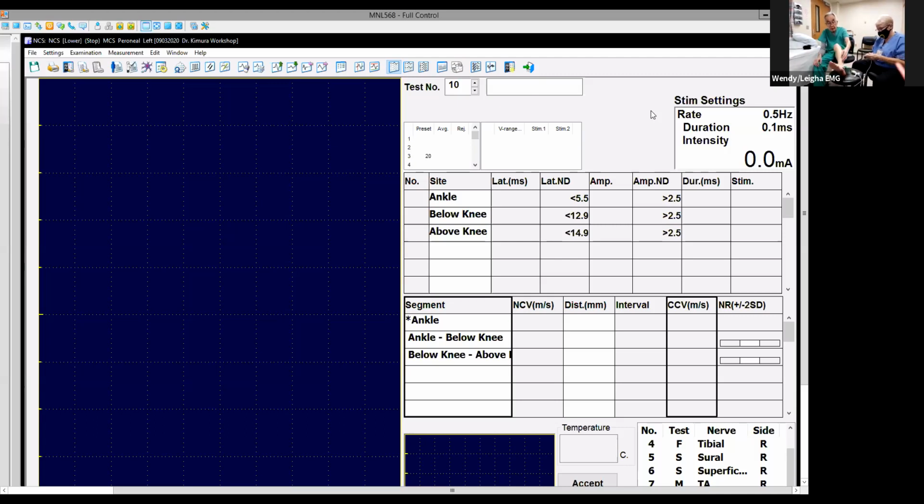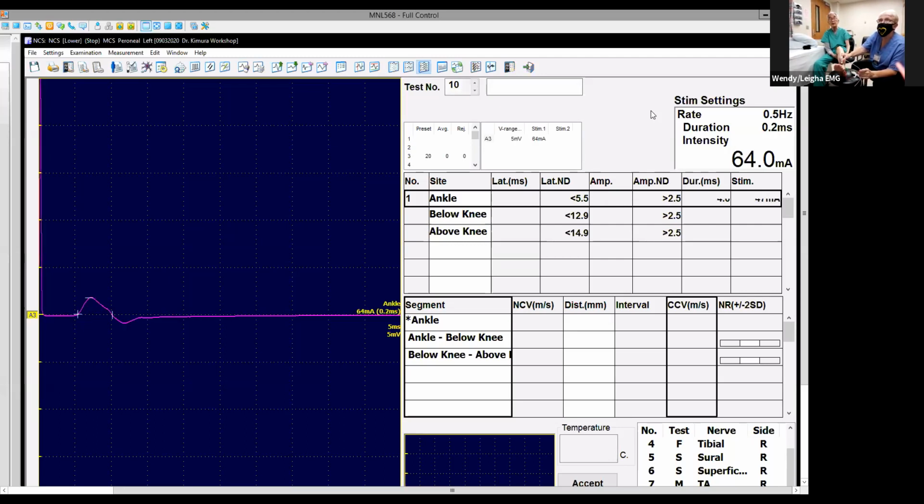Okay, so electrode placement is on the extensor digitorum brevis, and this is the ground, and now Sheila is going to stimulate. And I show you the regular one. Oh, it's pretty small. Okay.